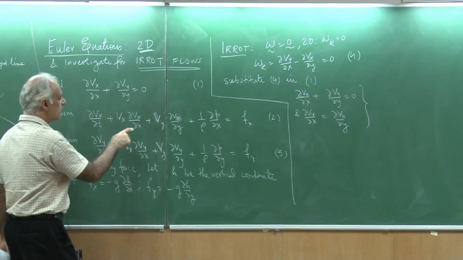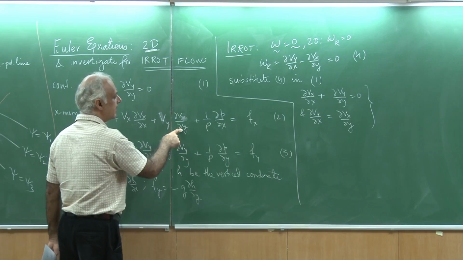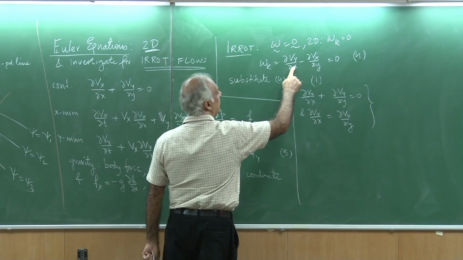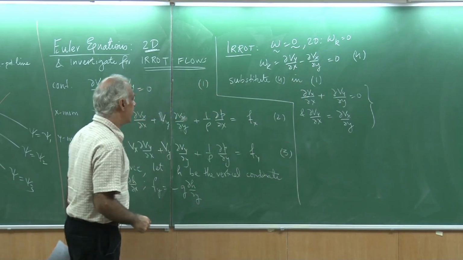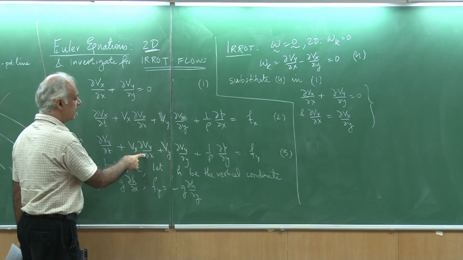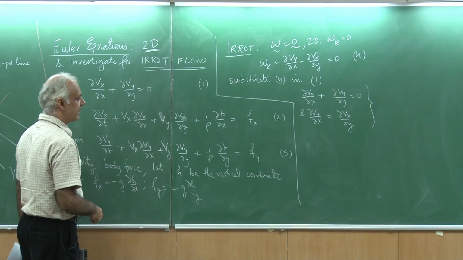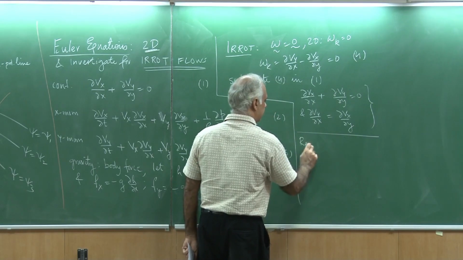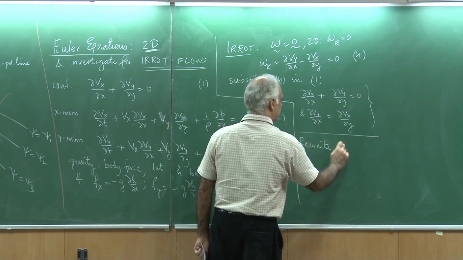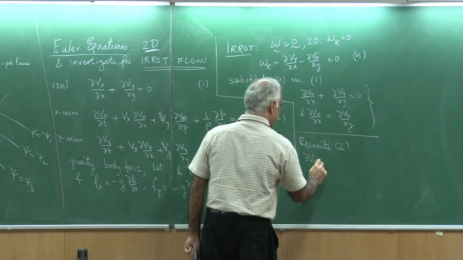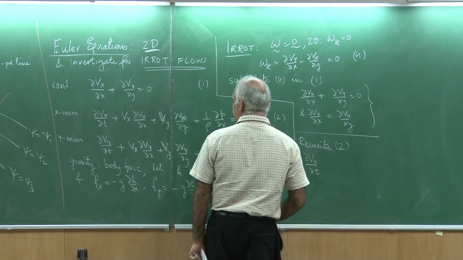So, in equation 2, in fact, I have a del Vx by del y. So, this del Vx by del y I will substitute with del Vy by del x. And similarly, in equation 3, this del Vy by del x I will substitute with del Vx by del y. Okay, so, let us rewrite 2. So, the first term that I have is same, del Vx by del t.